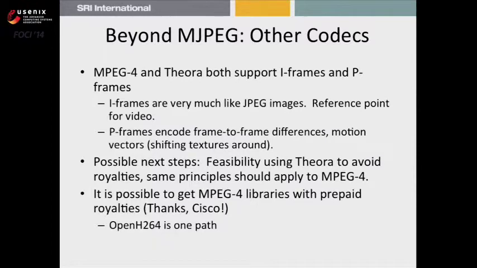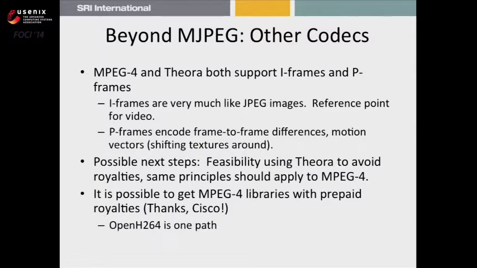So beyond motion JPEG, what we really want to hit are codecs like MPEG, right? That's the real workhorse of video on the internet. I-frames in MPEG are very much like JPEG images. So they use the same kind of encoding, these DCT and Huffman.